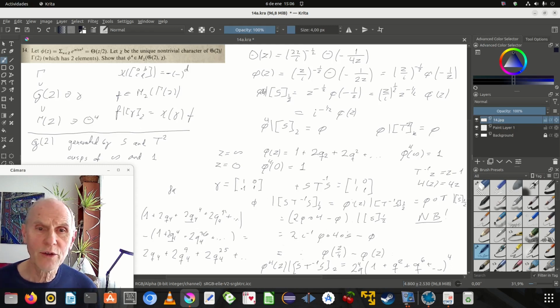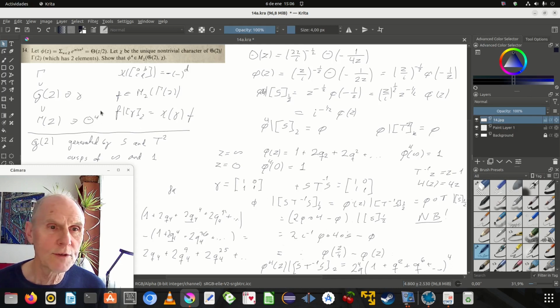So you see the value at unity is 1, and this guy actually is periodic with the period 2, as we proved in problem 1 or 2, I forget which it is. This proves that phi to the 4th actually lies in gamma 2.